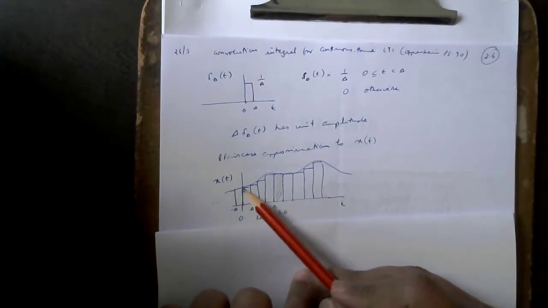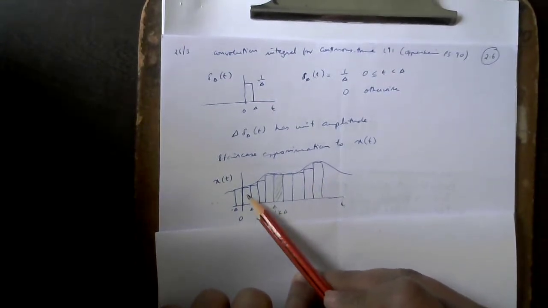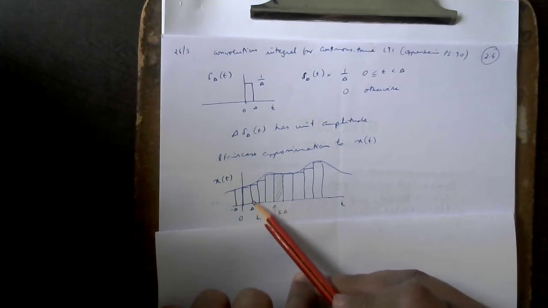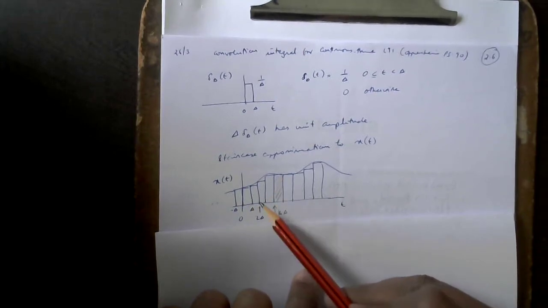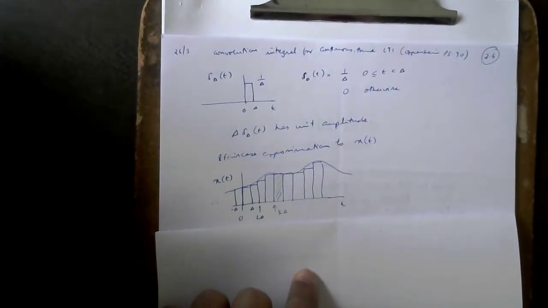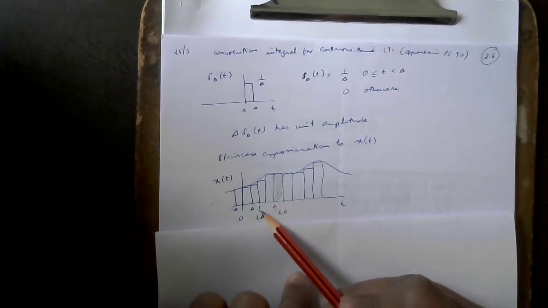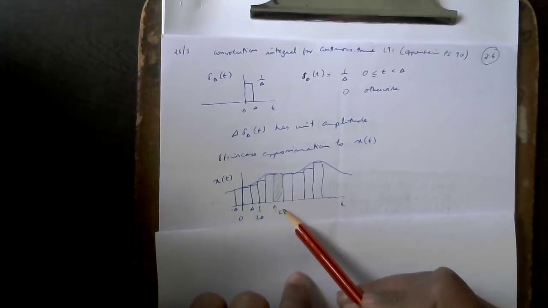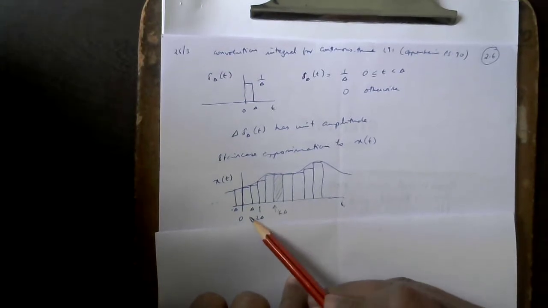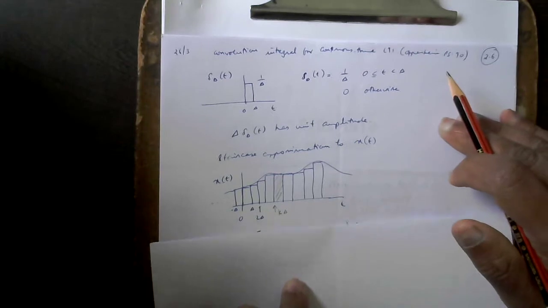This is a continuous time x of t, and we are representing x of t with various scaled and shifted versions of our delta delta of t. This is the t-axis. The first pulse is from 0 to delta, the second is from delta to 2 delta, and so on. This is some arbitrary k delta, where 1, 2, 3, k and so on are integer values.